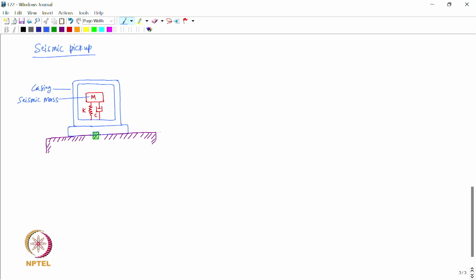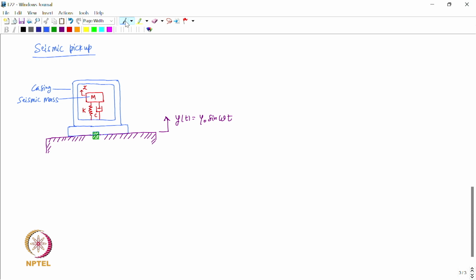Let us say the vibration of this surface is y of t, undergoing a harmonic vibration, say y naught sine omega t. So, let us represent the vibration of the seismic mass by x.